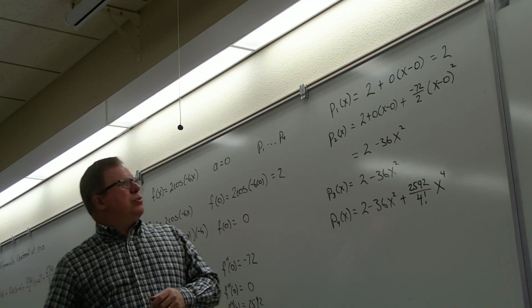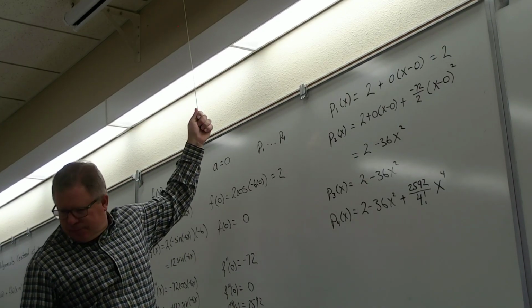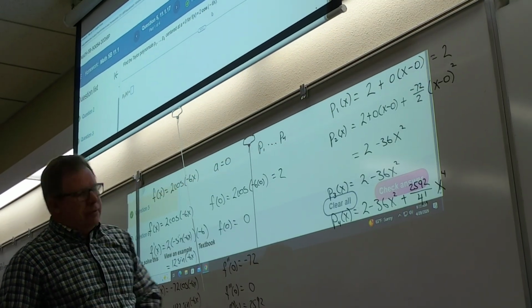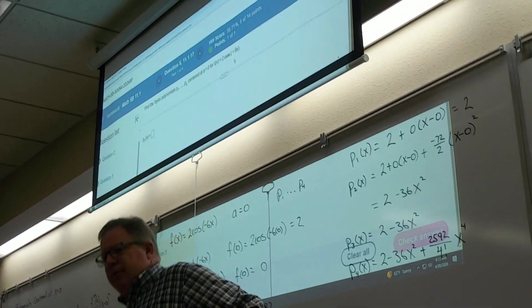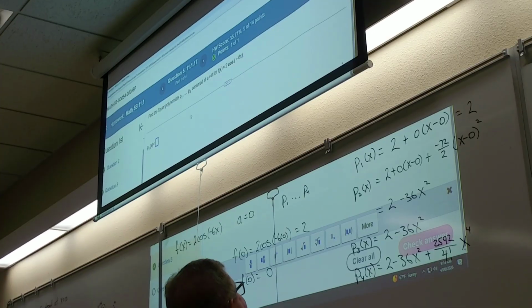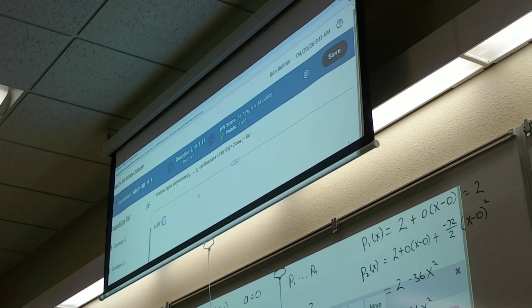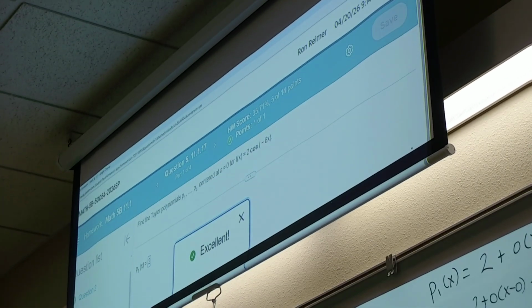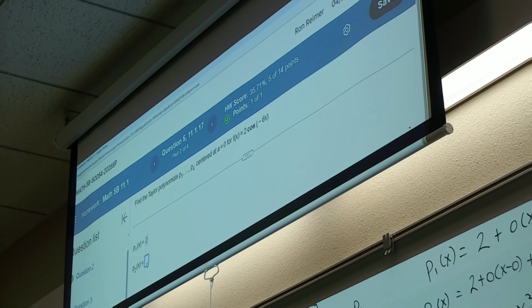And let's put these into MyLab. So P1 of x is just 2. Not to bother to copy and paste that. And then P2 of x is 2 minus 36x squared.